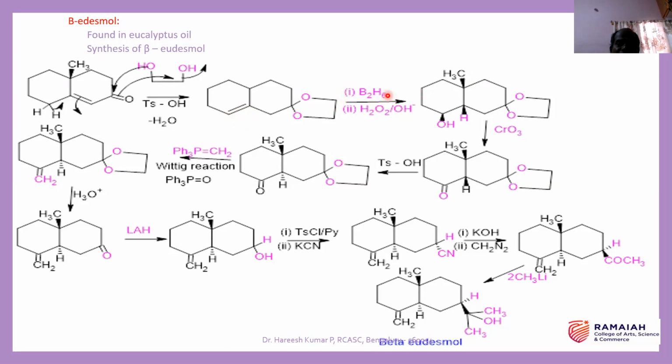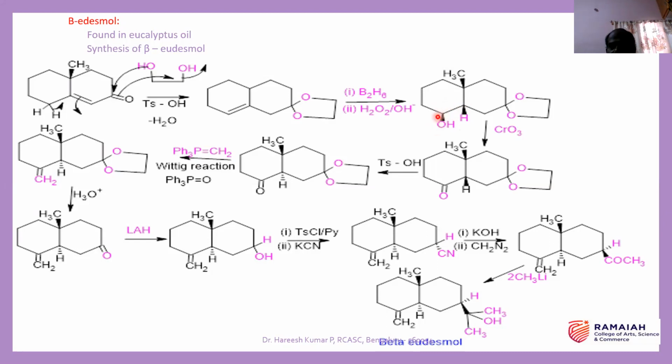The borane is replaced with OH when it is oxidized by an oxidizing agent, sodium hydroxide and hydrogen peroxide. That is how a double bond is converted into OH, at this carbon, not the ring junction. So that's what you need to remember.